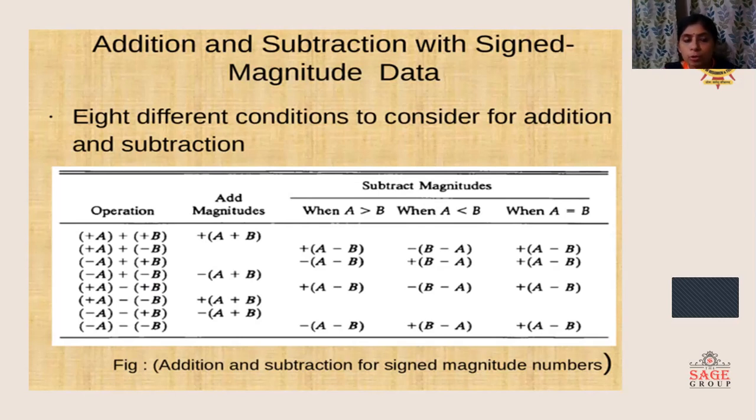We can conclude this from the addition operation: if the signs are same, then add magnitude is there, and if the signs of both the data are different, then subtract magnitude is there. For subtraction operation, we can conclude from this chart that if the signs are different, then add magnitude is there, and if the signs are same, then subtract magnitude is there: A minus B or B minus A.